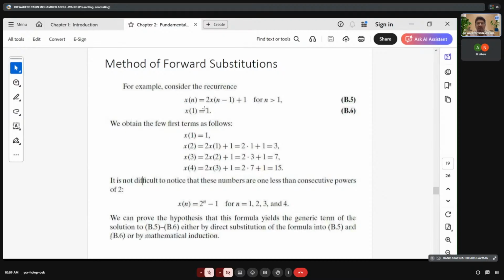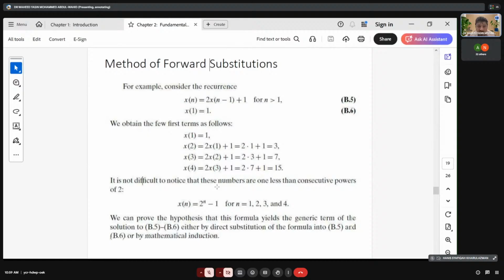So here we have x(1) equal 1. We write the first few terms as follows. Here 1, 2 plus 1, 2 times 1 plus 1, 2 times 2. Here we have this one. This one we call forward substitution.